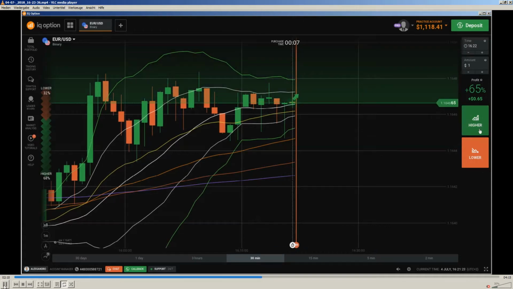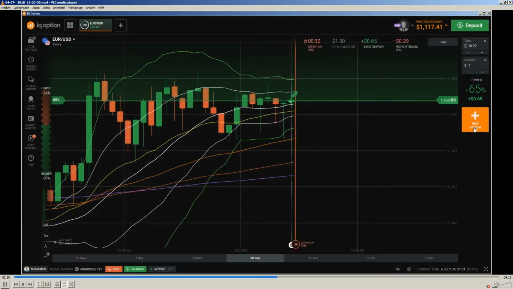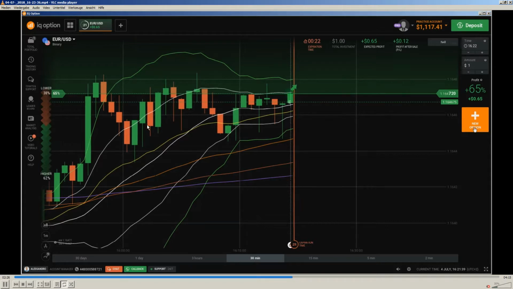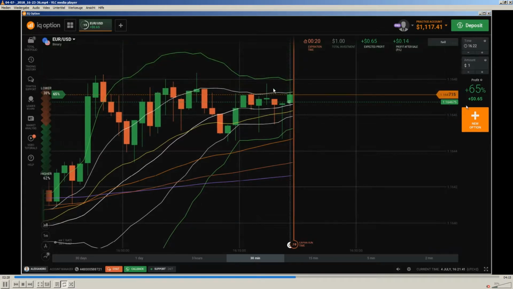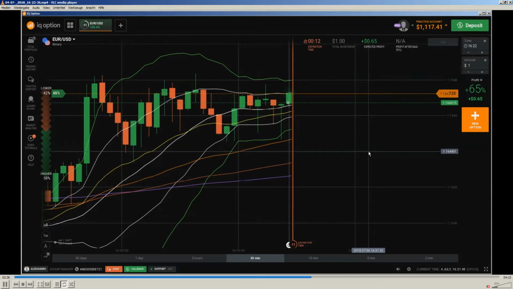If price had broken the closing price or opening price of the previous candle of this dragonfly doji, crossing this support level, I would have done a put for sure, because then I would have expected a reversal. But in this condition, price got a rejection from the middle Bollinger Band and didn't break through the support area, which was a clear call for me, and that was the reason why I did a call.